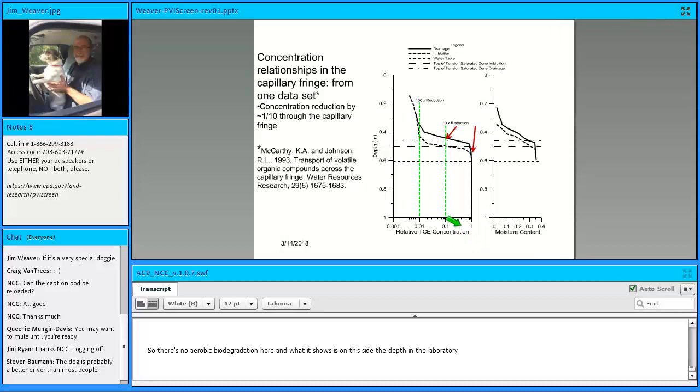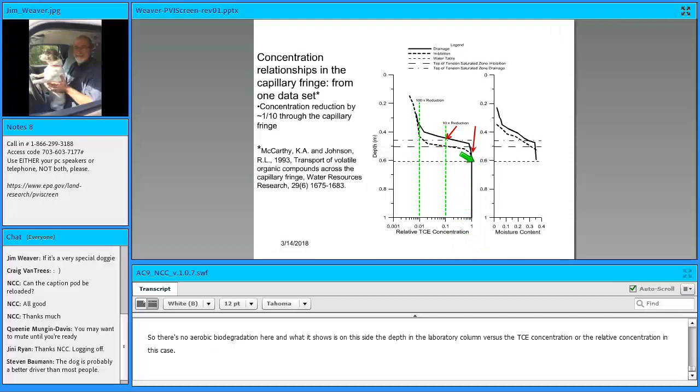So as you come up to the level of the water table, you begin to see a decrease in the concentration of this solvent. And as you go from the water table to the top of the capillary fringe, there was a drop of about 10% in concentration.